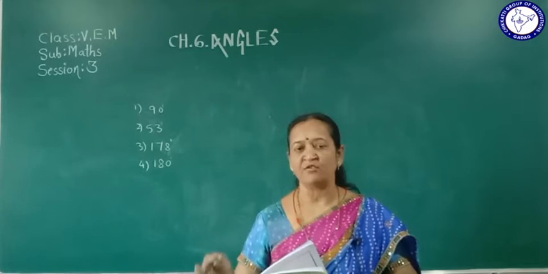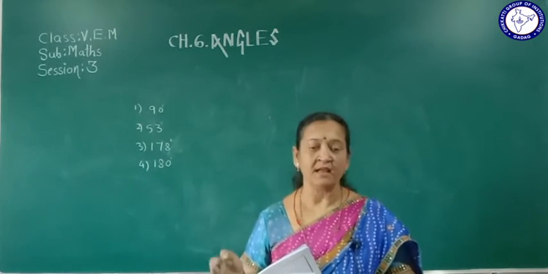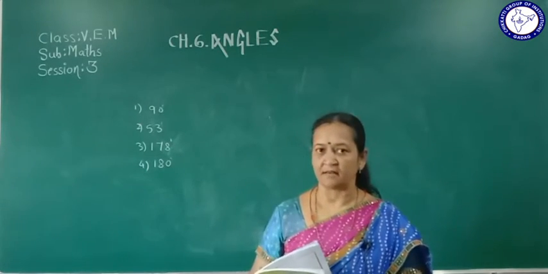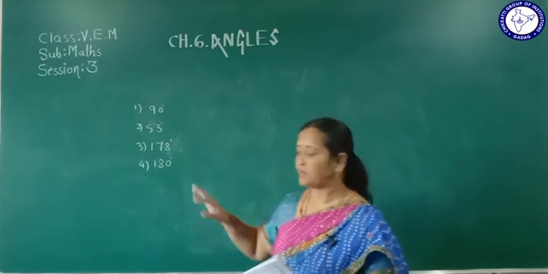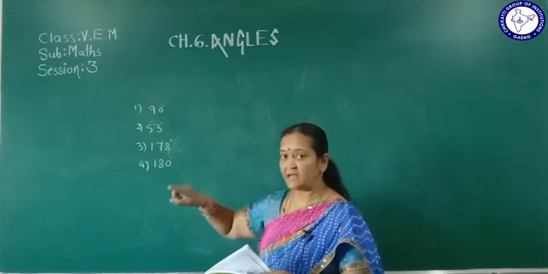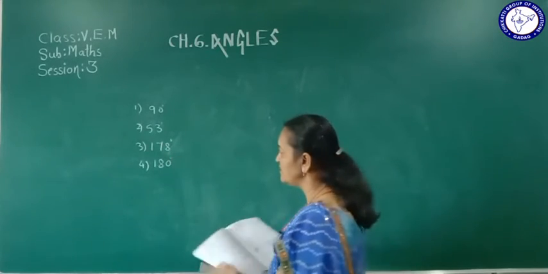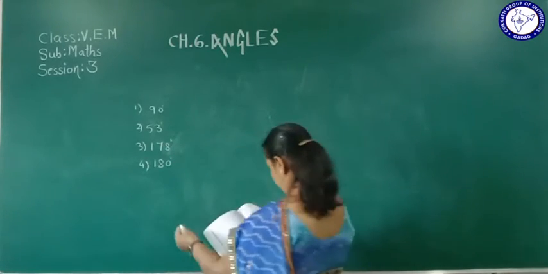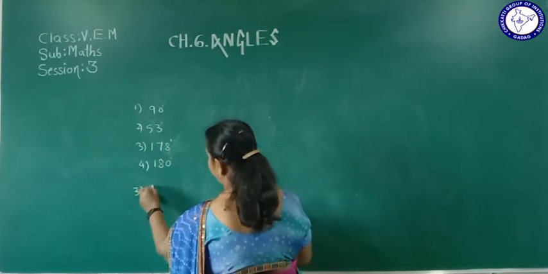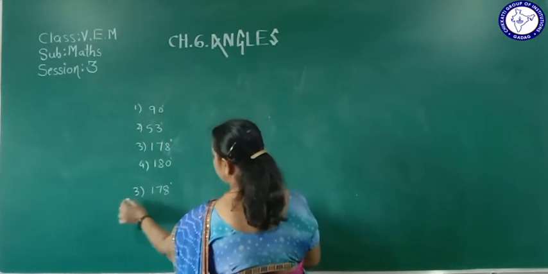From 91 to 179 degree it is called obtuse angle. Now which is the number between 91 to 179? It is 178. So the third option, 178 is the answer.